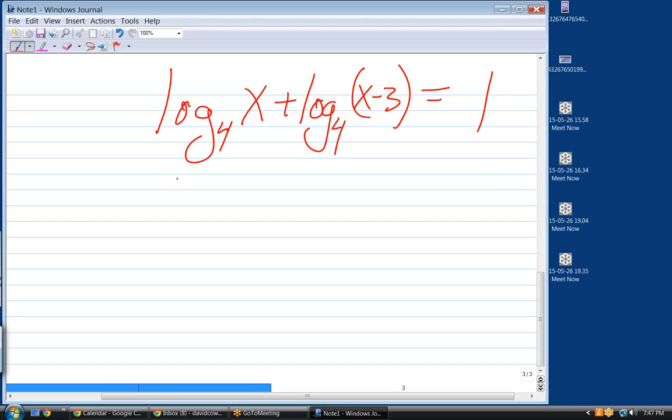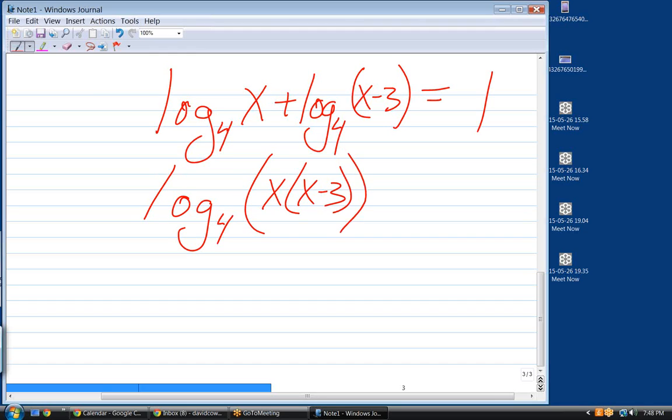You can multiply them, right? Well, the sum of two logs is the same as the log of the product of the two arguments. So this is the same thing as log base 4 of x times (x minus 3). Okay, that's step 1. Now we only have one log. So now I convert that to exponential format.